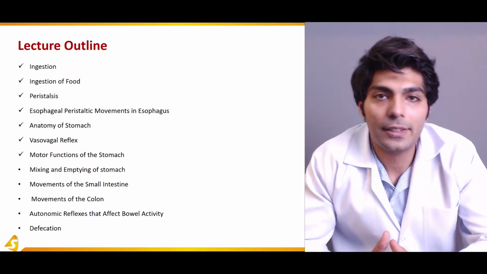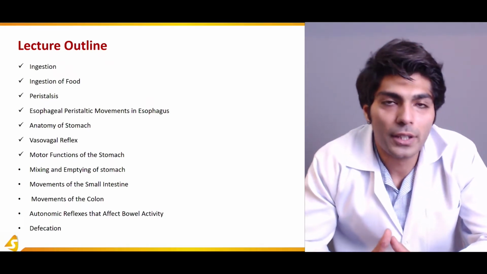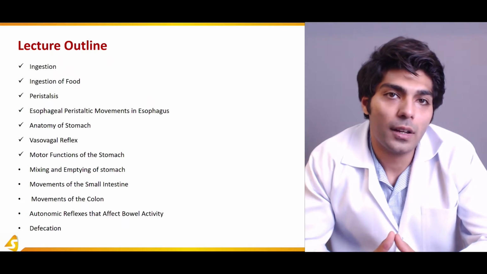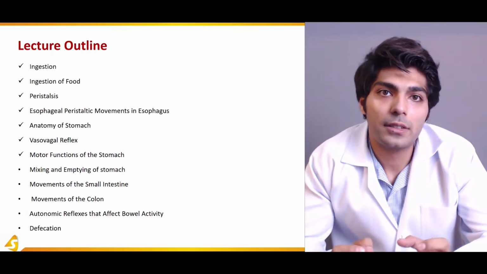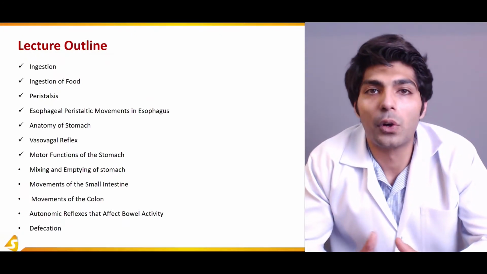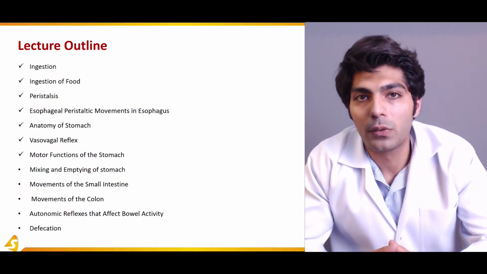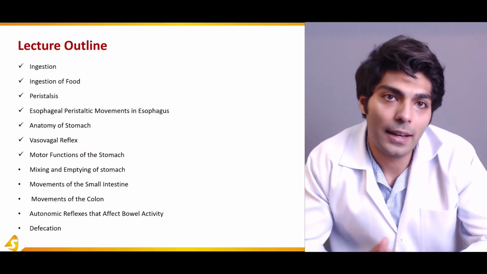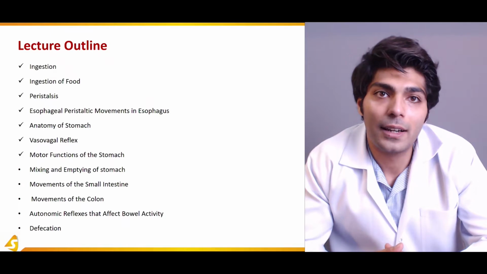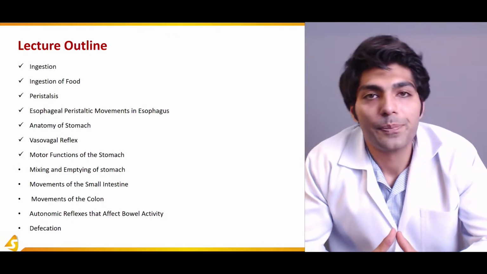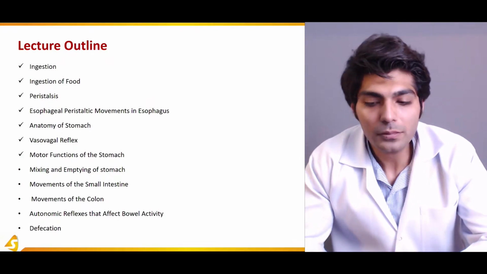Gastrin is released, pepsinogen enzymes are released, and hydrochloric acid is formed, which breaks down the food into the fluid consistency we call chyme. Once the chyme is formed, it passes down to the pylorus of the stomach and makes itself ready for entrance into the duodenum.